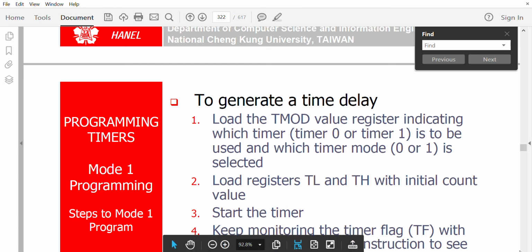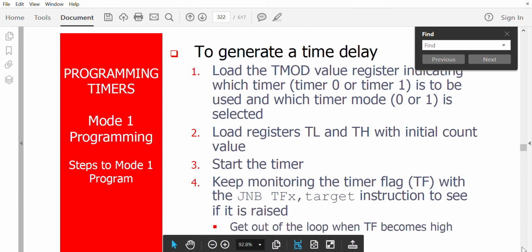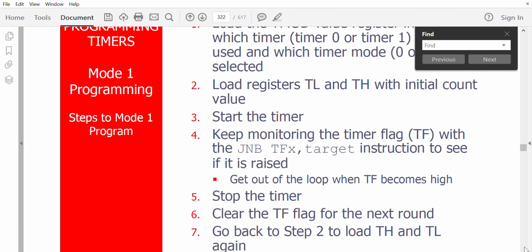Start the timer by SETB. Keep monitoring the timer flag TF with JNB TFX. TFX means TF0 or TF1, whichever timer you are using. So you can see if this is set to 1 or not using this particular instruction.